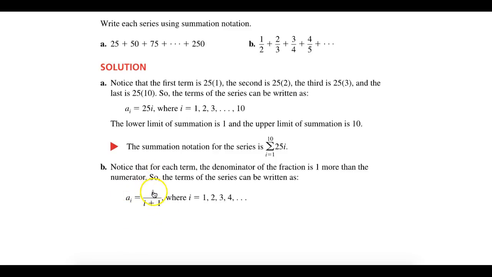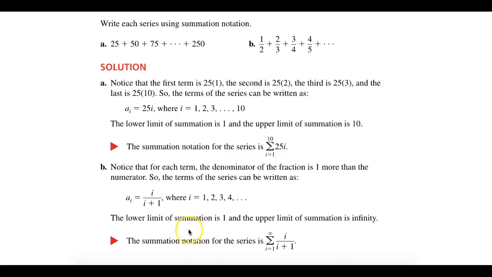We have our index over our index plus 1. So for our summation notation, remember, since the lower limit is 1 and the upper limit is infinity, we would write this as sigma with our lower limit of I equals 1 to our upper limit of infinity, and our rule is I over I plus 1.